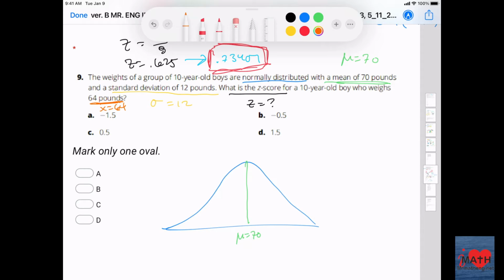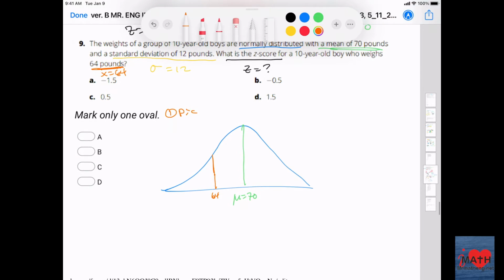Let's give you a visual. Let's draw a picture. 64, to the left or to the right? Somewhere right here, right? Basically we want to find a z-score for this. If you just use the formula, let's plug in everything we have. Z equals x minus the mean over the standard deviation.